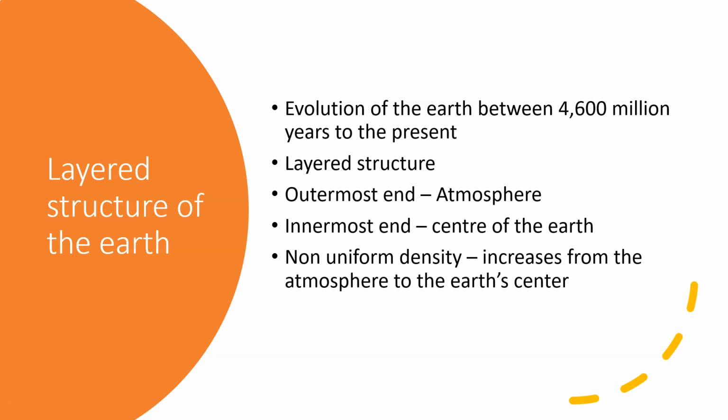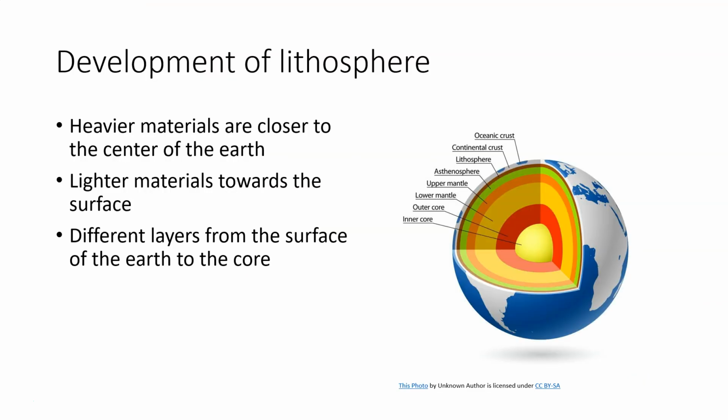So the question is, how was the layered structure of the Earth developed? The Earth was mostly in a volatile state during its primordial stage. Then due to the gradual increase in density, the temperature inside increased. As a result, the material inside started getting separated depending on its density.